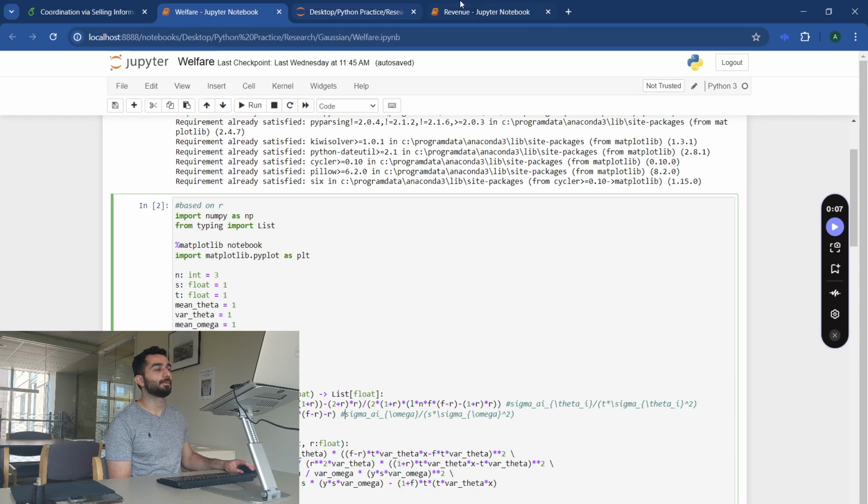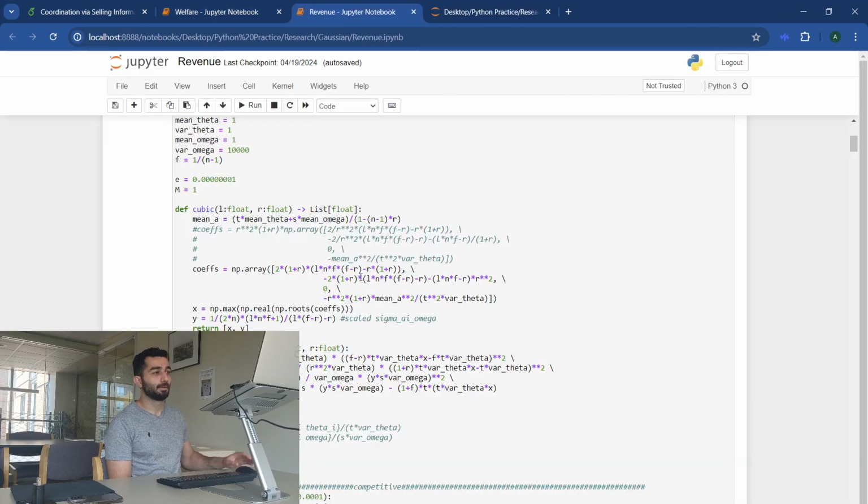If we need it in revenue, we will need it in, even if it is an obedient mechanism, we need the mean, but we are just returning it. The thing was that we don't need the mean here actually. I thought we were returning the mean as an output of the function, but no, we just need the mean in optimal revenue to compute the x and y. So we don't need it here.